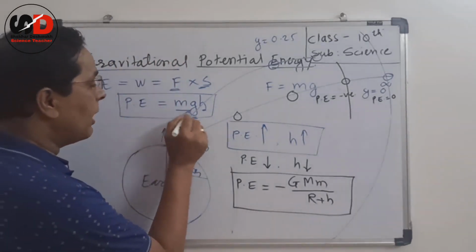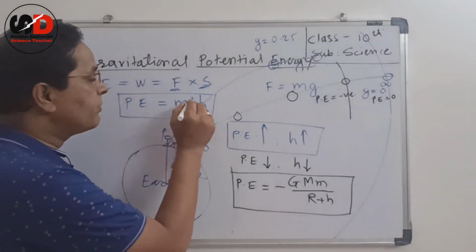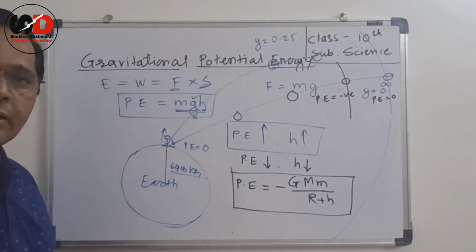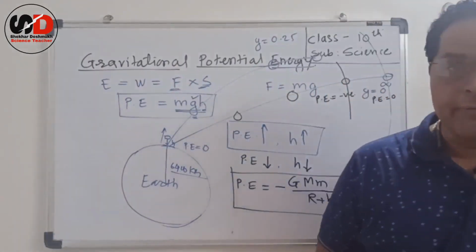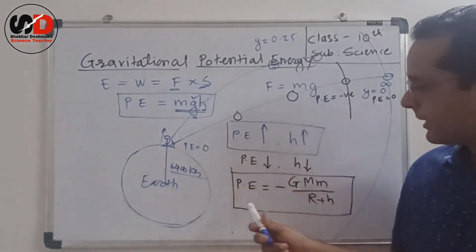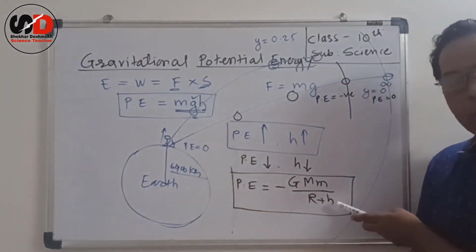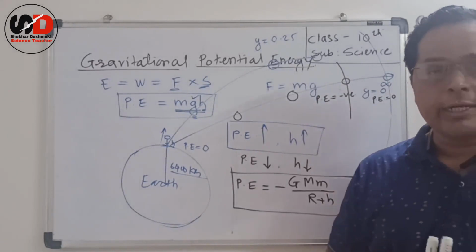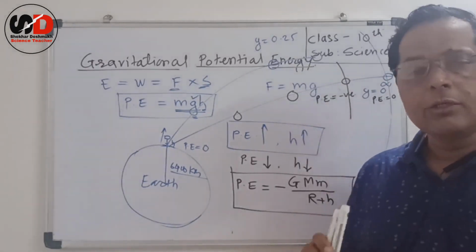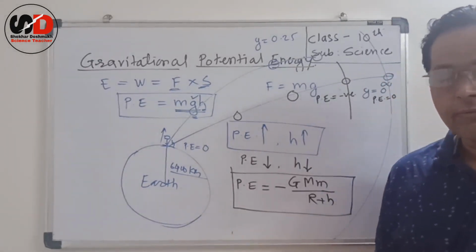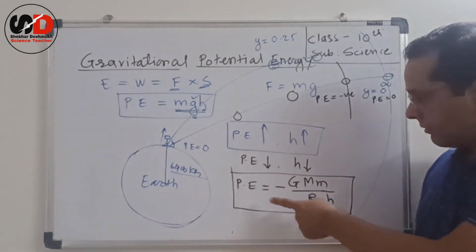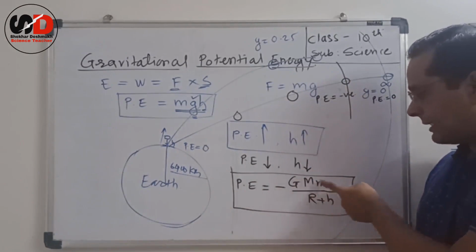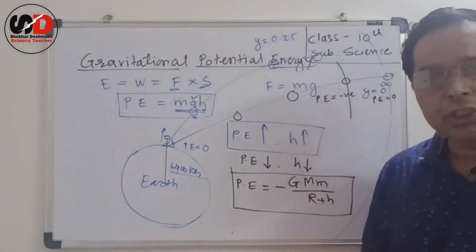From this formula, if we replace the value of g by what we saw in the last period, we can easily derive this formula also. If you cannot derive it, just remember it, because the derivation is not given in the standard. So potential energy is equal to minus GMm upon R plus H.